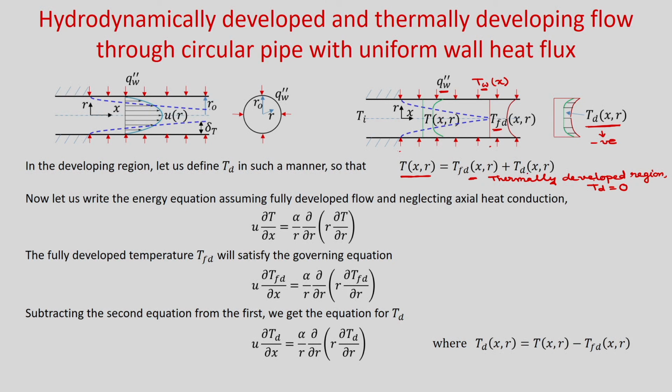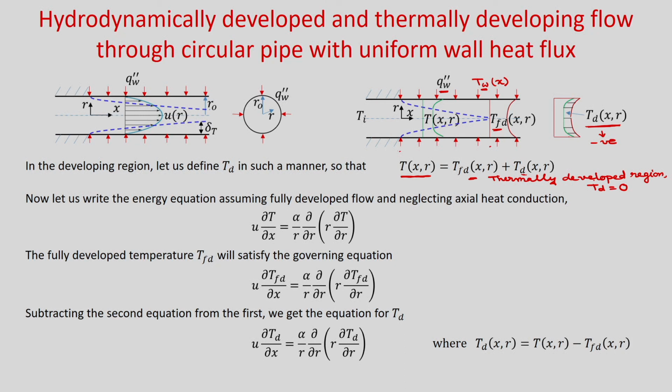So, you can see that in the fully developed region, Td will become 0 and T(x, r) will be just TFD, and in the developing region Td will have some negative value. This negative value will be deducted from TFD and you will get this green color temperature profile.